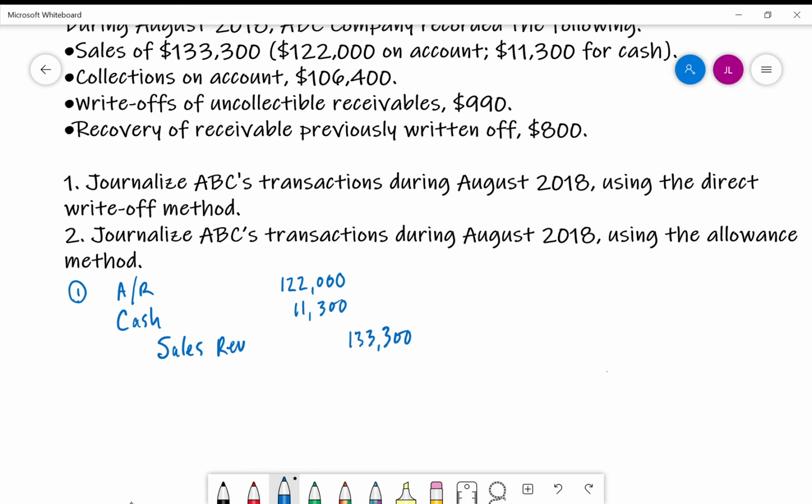The second thing here says collections on account were $106,400. Basically, that means we collected cash, or we were paid for our accounts receivable over this period, so we debit cash for $106,400, and we credit accounts receivable since the collections were on account.